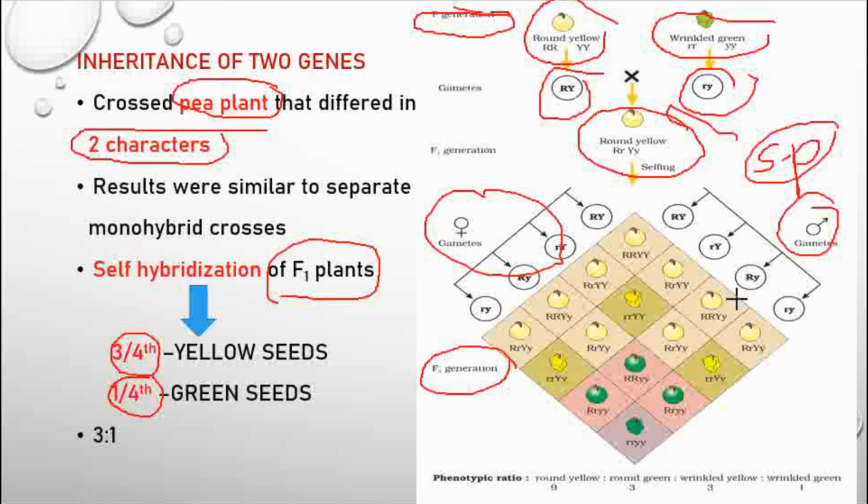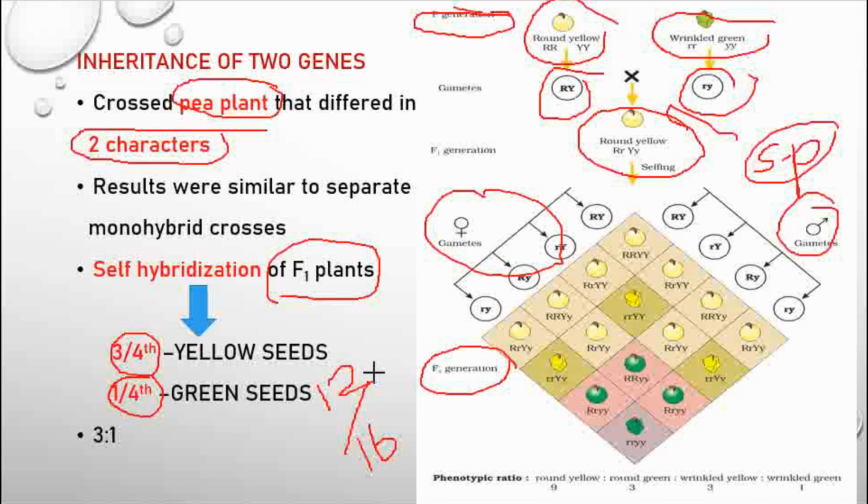They are 16, right? Among that, how many are yellow in color? Yellow is actually 1 2 3 4 5 6 7 8 9 10 11 and 12. So 12 are yellow.